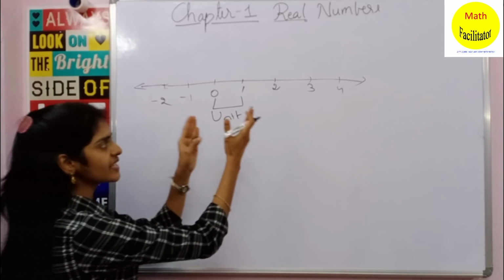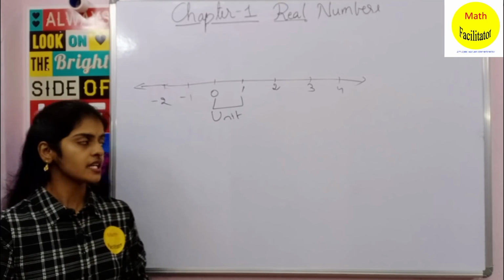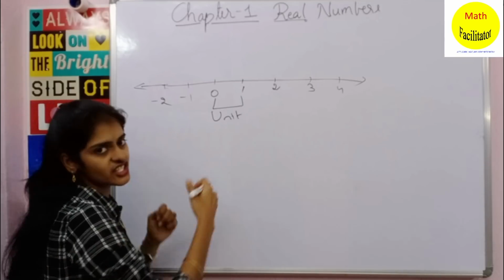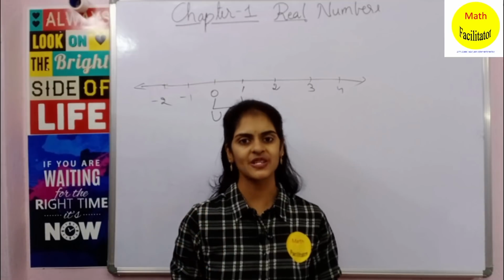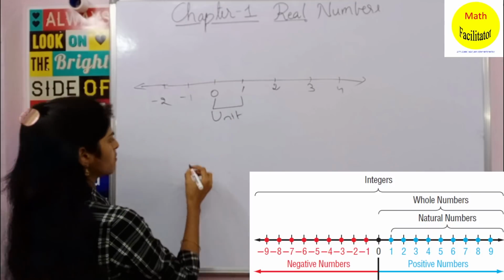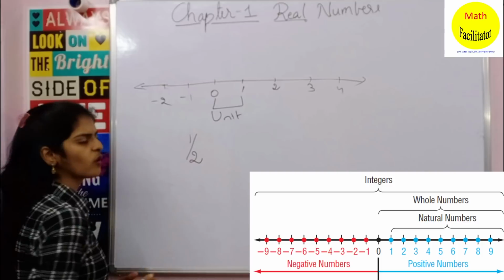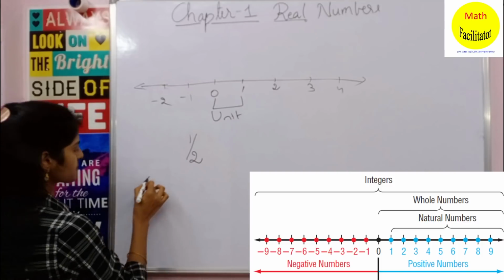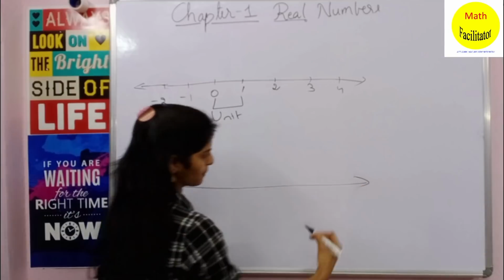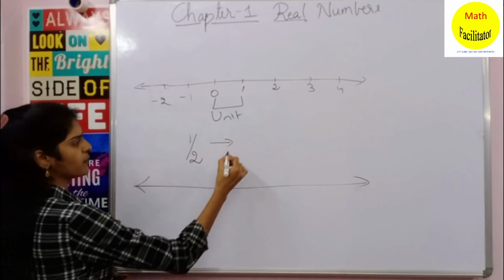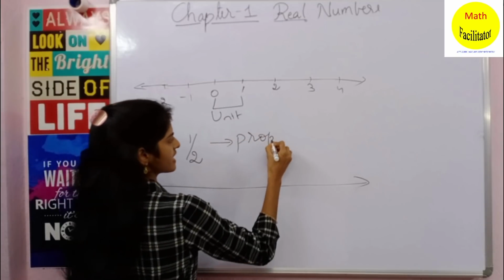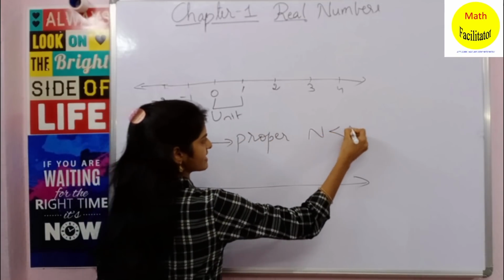At equal distances you mark the numbers. So now, as you can see, this is the integers number line. Now you have also learned how to mark rational numbers on a number line. For example, if I want to mark 1 by 2 on the number line, how did we do that? So you take a number line. Now 1 by 2 is simply a proper fraction because the numerator is less than the denominator.